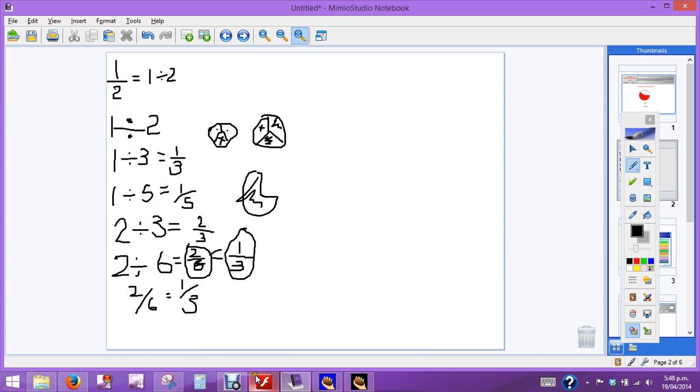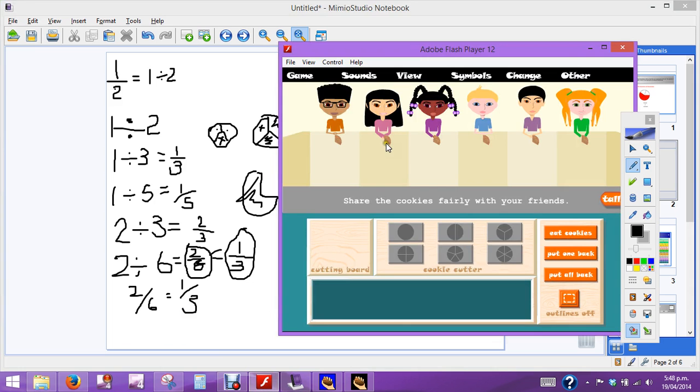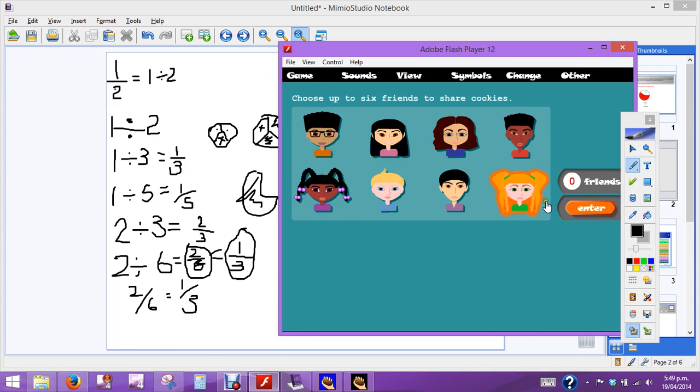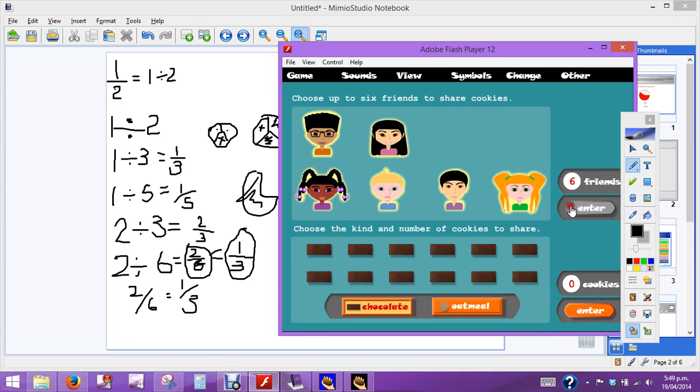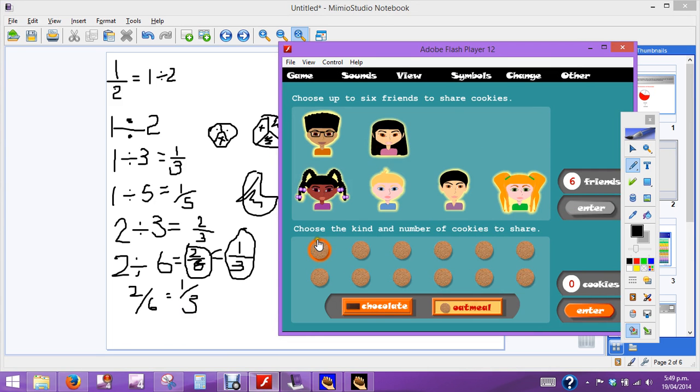I'll show you another equivalency if we had 3 cookies to share with these mates here. So let's change the rules. New game. We're still going to have 6 friends, but this time we're going to share 3 cookies amongst 6 friends.